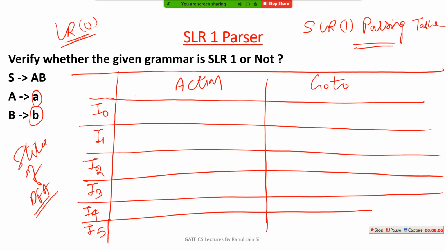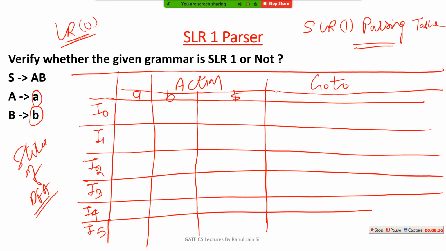A and B. So A would be here, B would be here, and as you know, dollar will always be part of the action table. And in the goto table I need to mention the non-terminals. S is there, it is a non-terminal. A is there, it is a non-terminal, and capital B is there, which is a non-terminal.